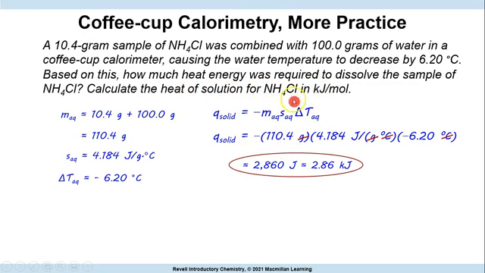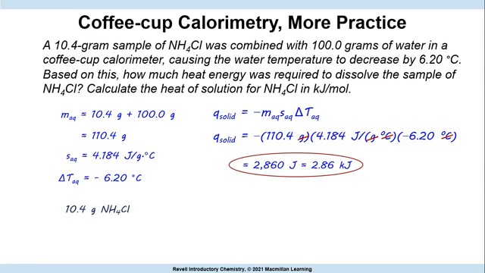Now, they want the heat in kilojoules per mole. So how are we going to calculate the heat in kilojoules per mole? The first thing is that we are going to calculate the number of moles of ammonium chloride found in 10.4 grams. So what do we use? We are going to use the molar mass as the conversion factor to convert from grams to moles, as we have already seen in the last chapters.